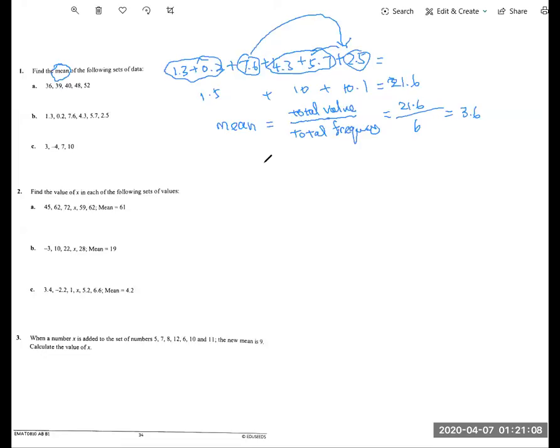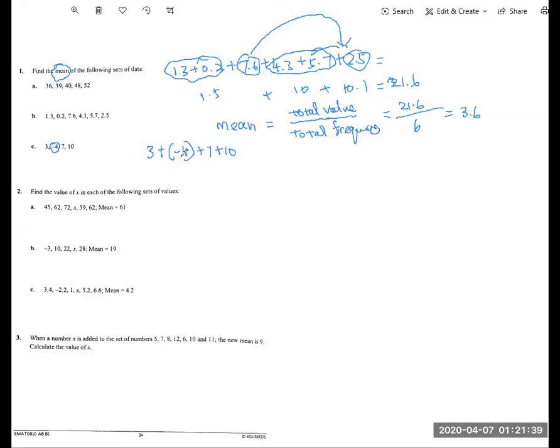Quite straightforward. Now, another thing is, what happens if you have a negative? It's very simple. If you have a negative, it means you just minus 4 out of the total value. For example, 3 plus minus 4 plus 7 plus 10.